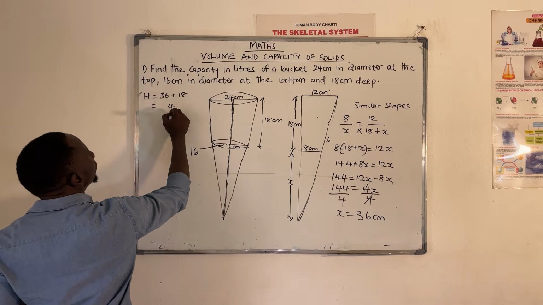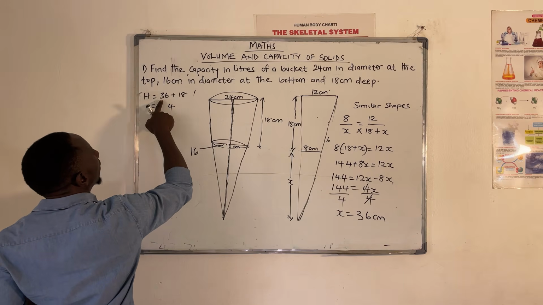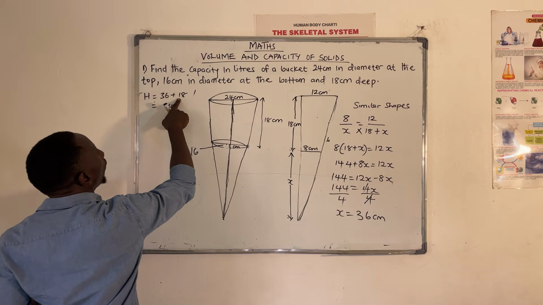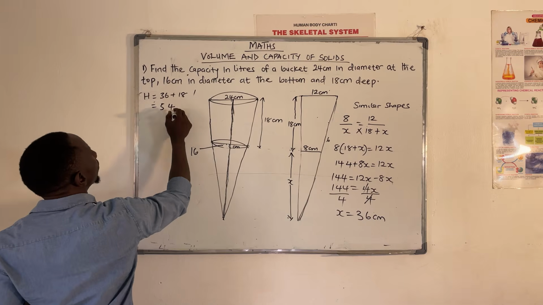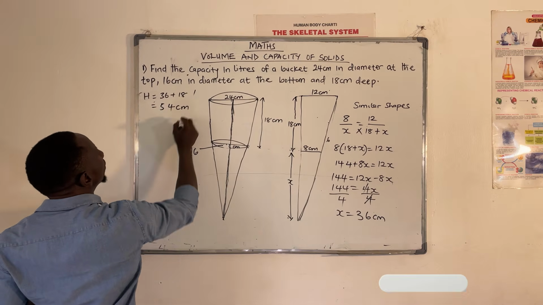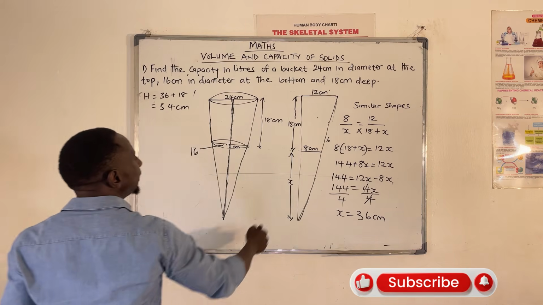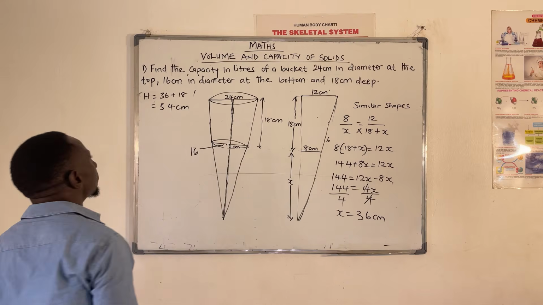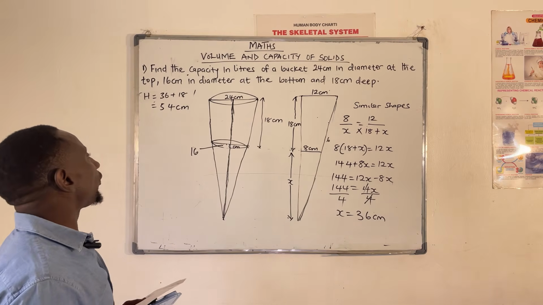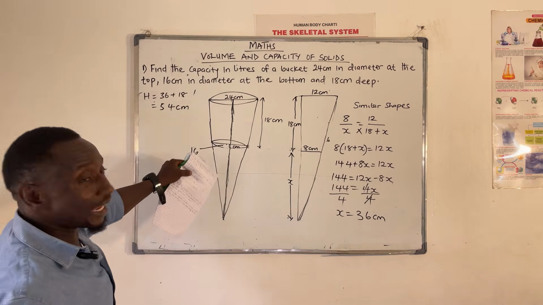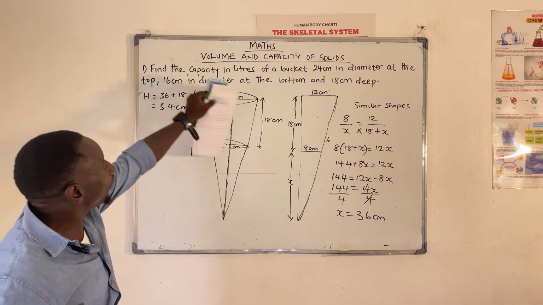You have what? 14. Write down 4, carry 1. Then 3 plus 1 is 4, plus 1 is 5. So 36 plus 18 will give you what? 54 centimeters. So it means the height of the bigger cone is 54 centimeters.